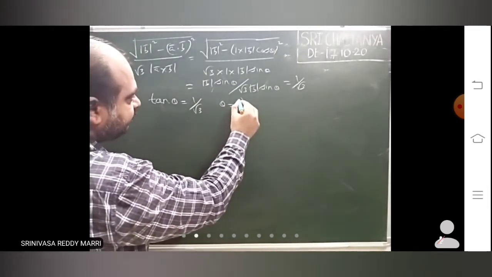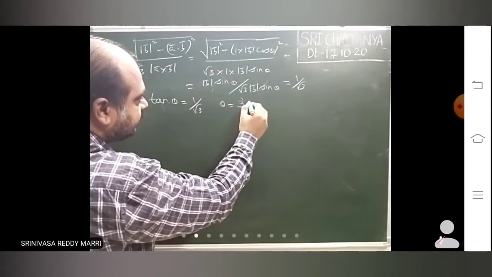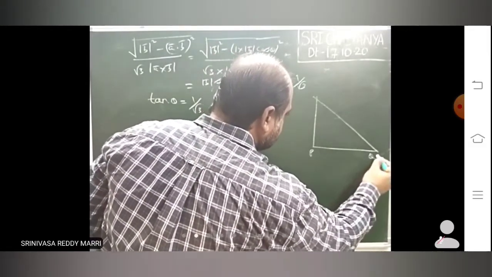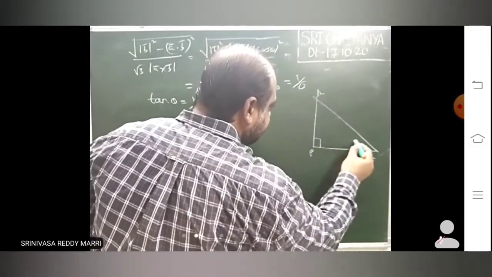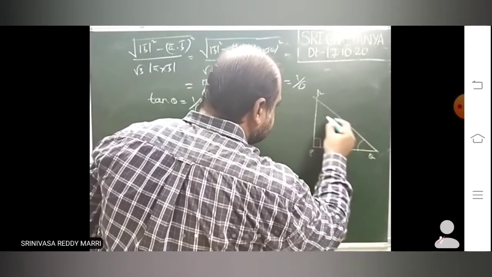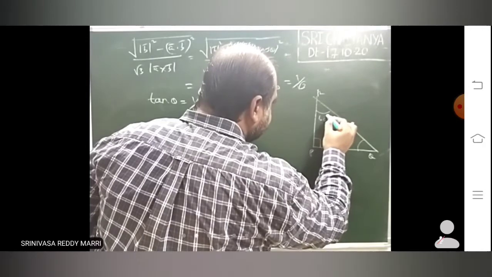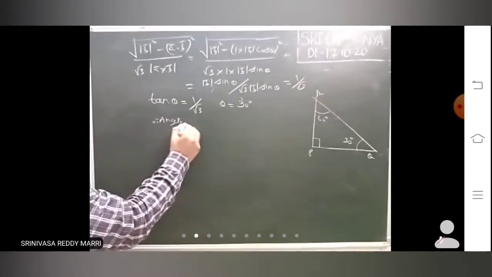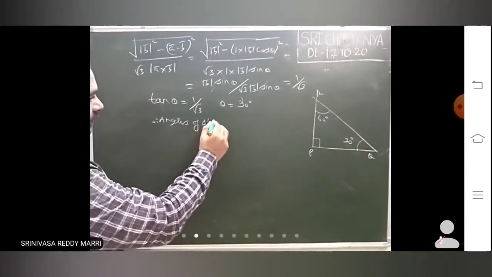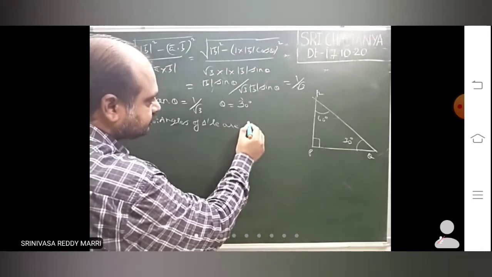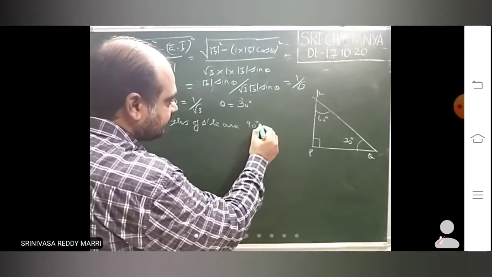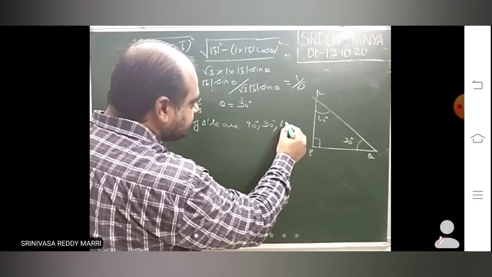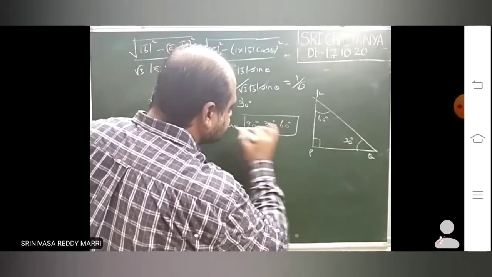That means one angle will be 30 degrees. So this is 90 degrees, this is 30 degrees, and therefore the other angle in the triangle will be 60 degrees. Therefore the angles of the triangle are 90 degrees, 30 degrees and 60 degrees.